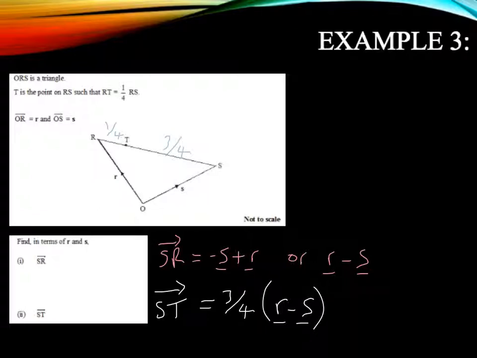Well, that was the way we can describe the vector S to R. So this whole vector S to R can be described as R minus S. That's the whole thing, going all the way along this direction. I only want 3/4 of that, so I can write it as 3/4 (R minus S).